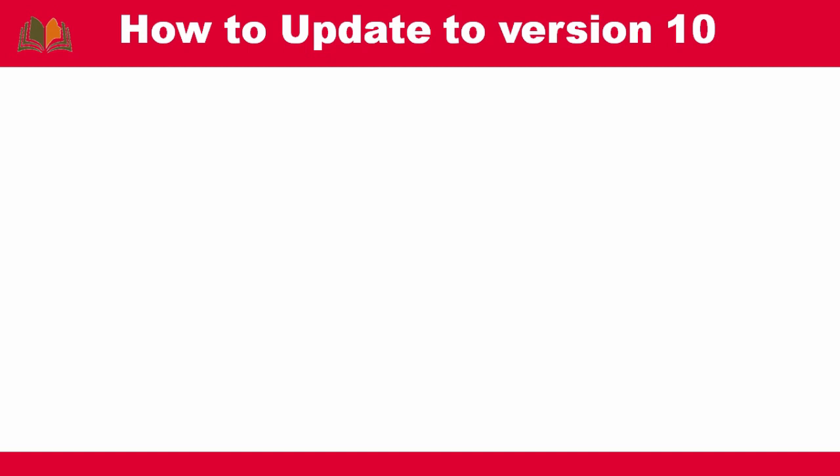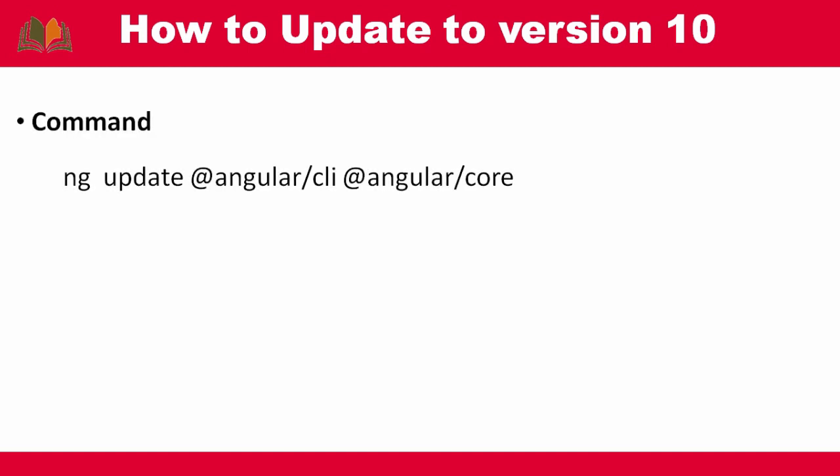Then we just need to use these commands: ng update @angular/cli and @angular/core, which means we are updating our Angular CLI as well as Angular core. Whenever we run these commands, after they complete successfully, it will be updated to Angular version 10.